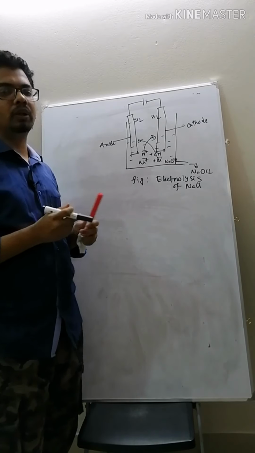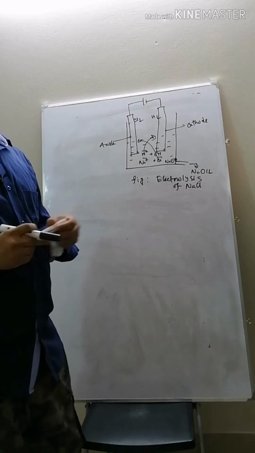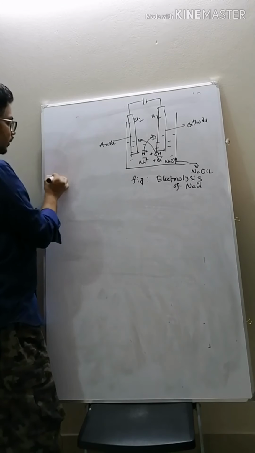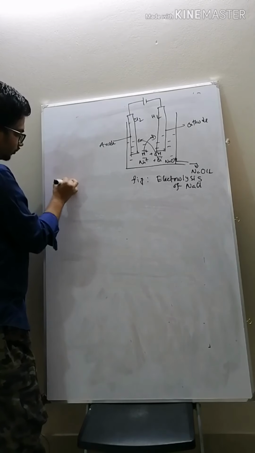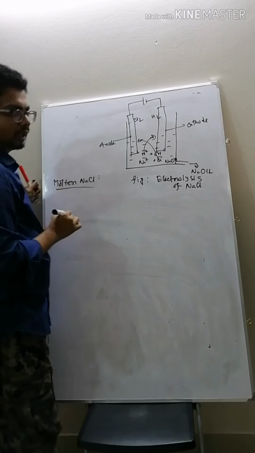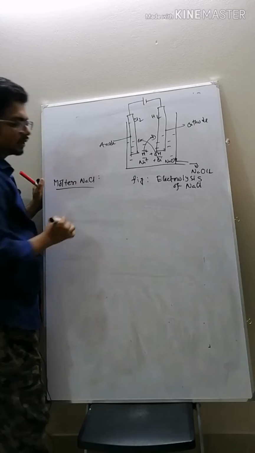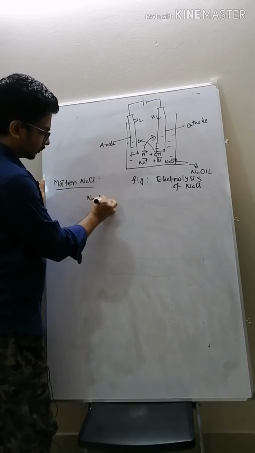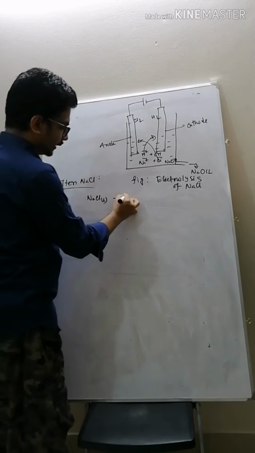Okay, then we'll talk about the electrolysis of molten sodium chloride. In molten sodium chloride, only sodium chloride is there in liquid form, and it will produce Na plus and Cl minus.